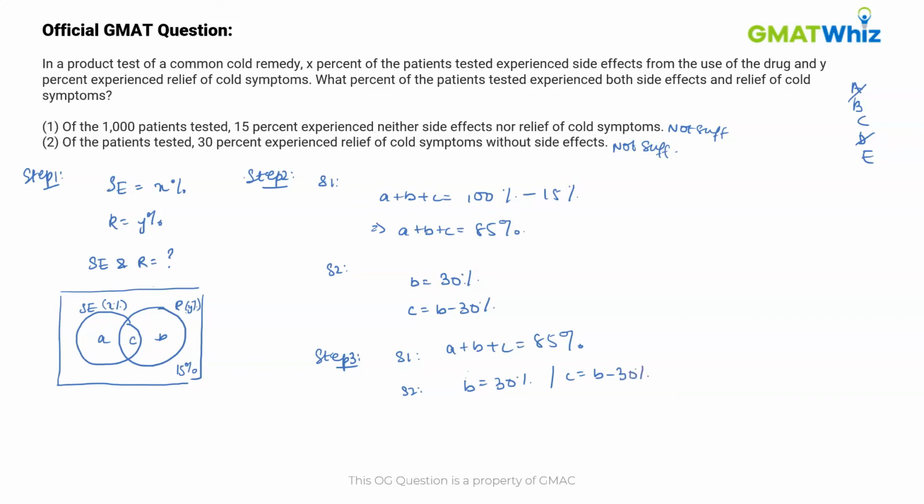Now, even if we substitute these values of B and C in the equation, we will have a linear equation with two unknown variables. So, it is not possible to find out the required data using both the statements together. Hence, both the statements are insufficient together as well, and the correct answer is option E.